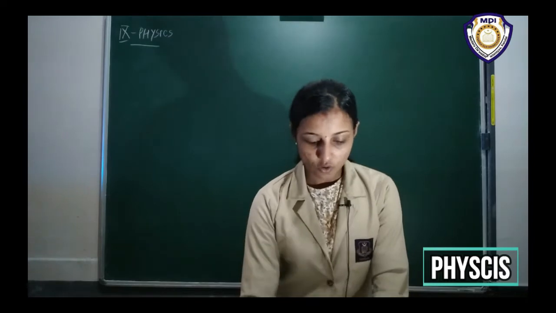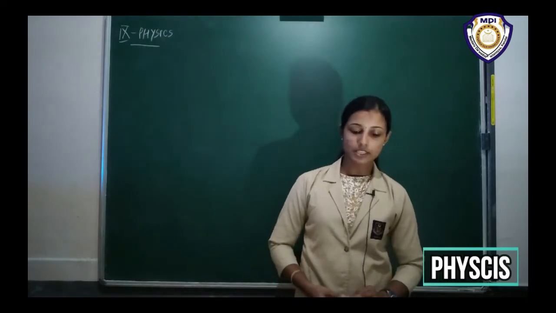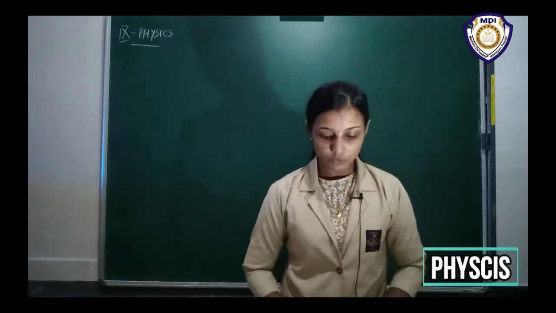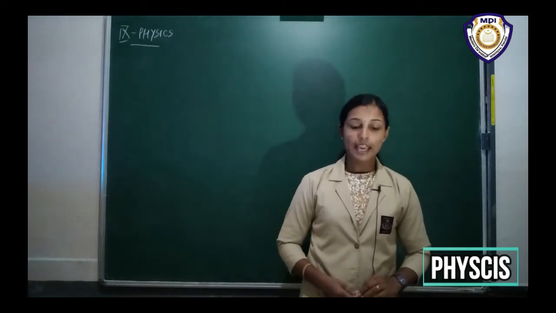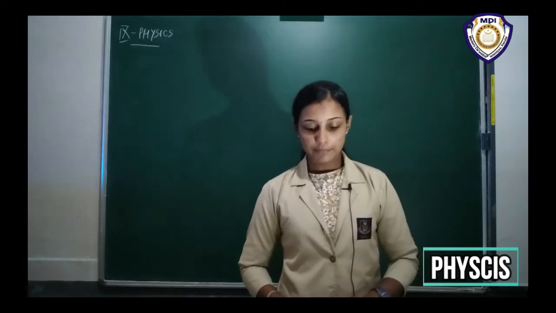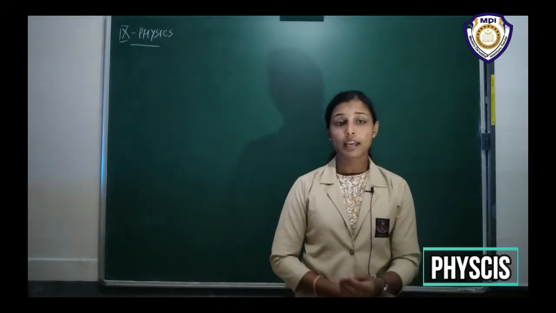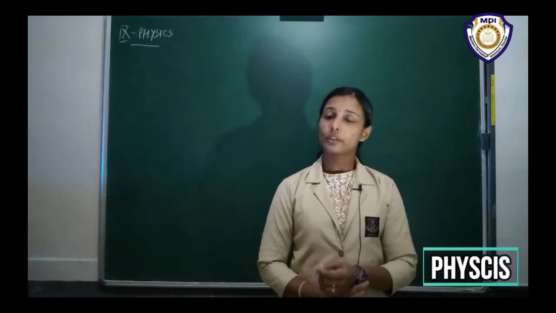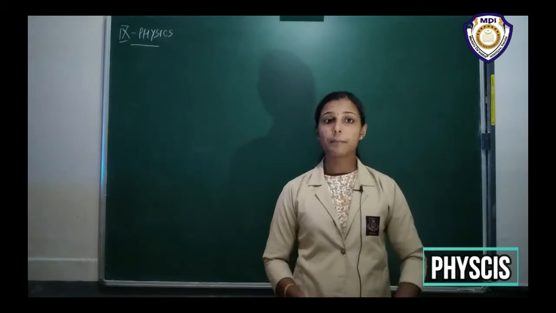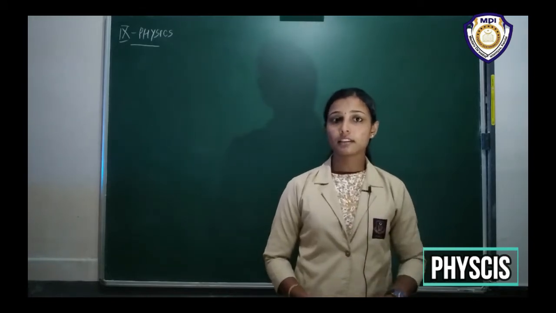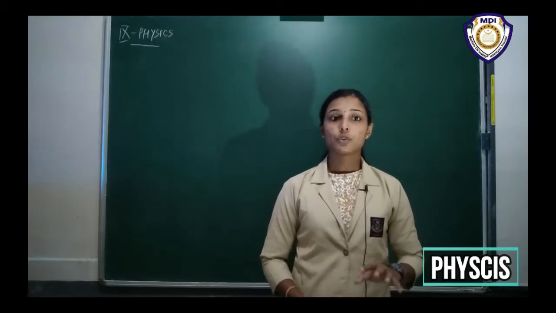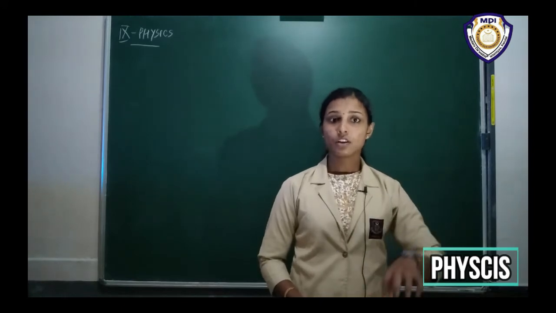While falling, there is no change in the direction of motion of the object, but due to the Earth's attraction there is a change in the magnitude of velocity, right? That is due to this gravitational force.